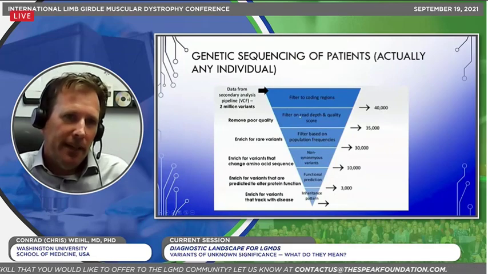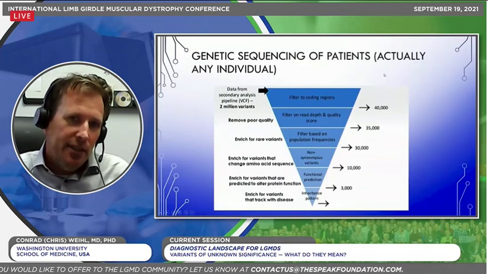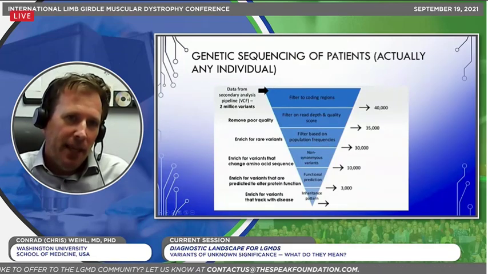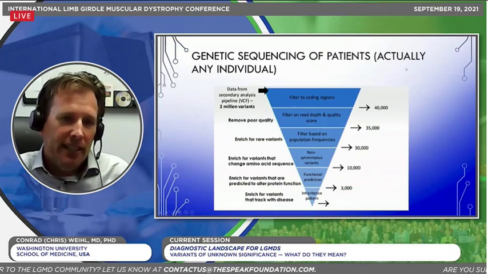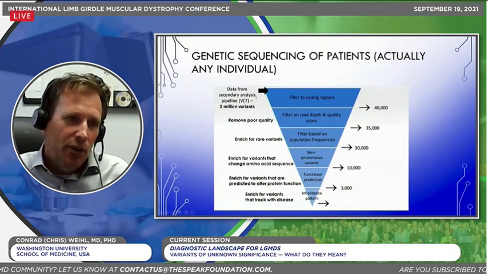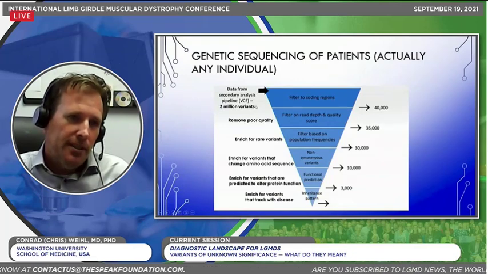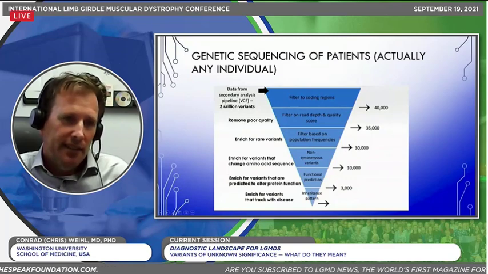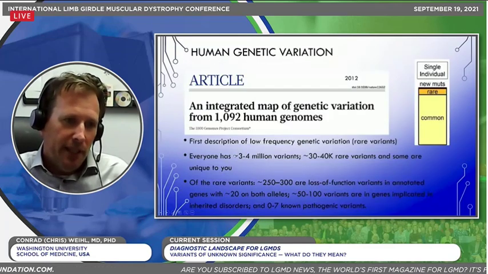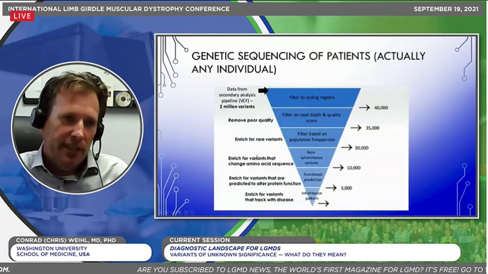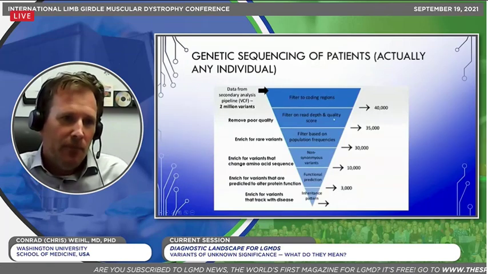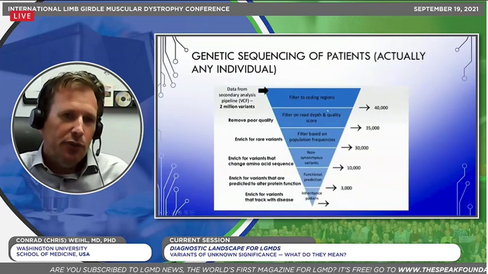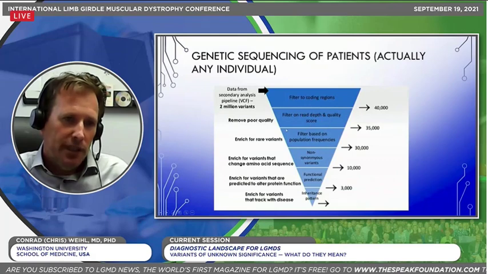The other way to think about it is whenever we do genetic sequencing of patients, and actually of any individual, as we take those variants. So we do a patient, or even myself, I have 2 million variants, because I just told you that everyone has 3 to 4 million variants. So let's say I have 2 million variants. We then do a filtering process where we look for the ones that are really rare.